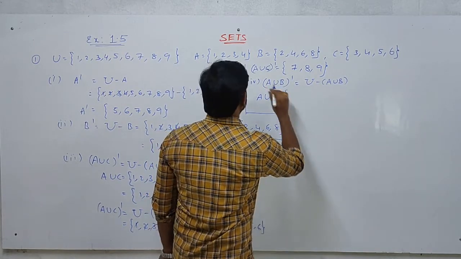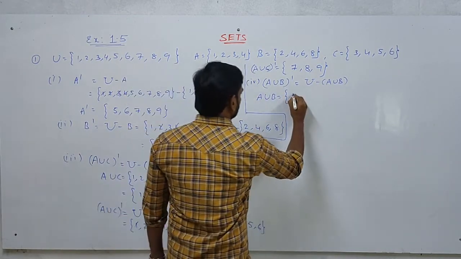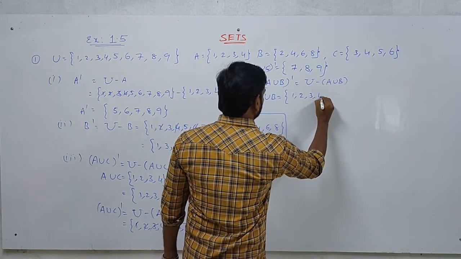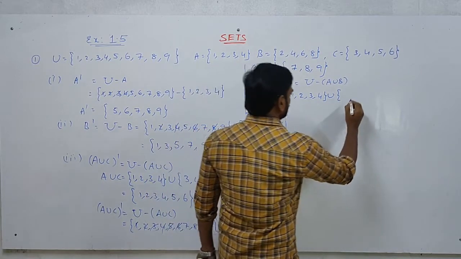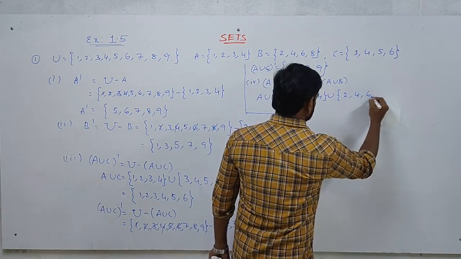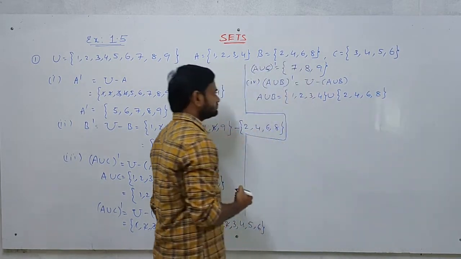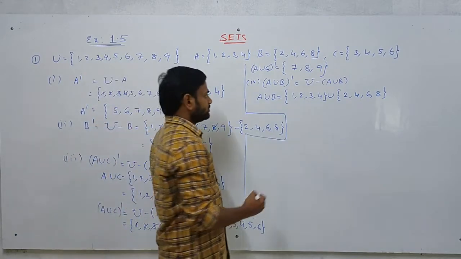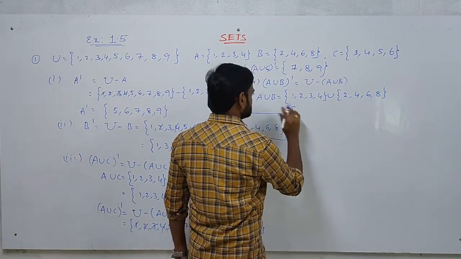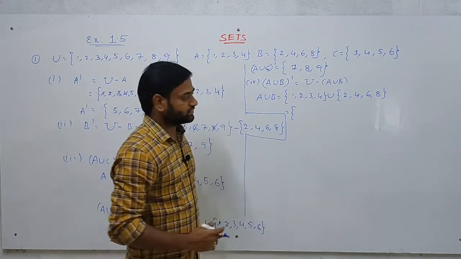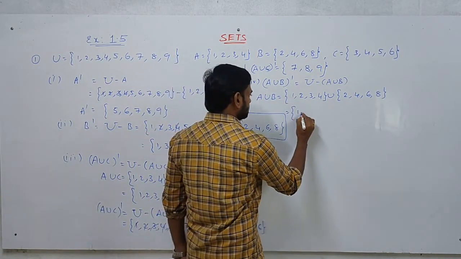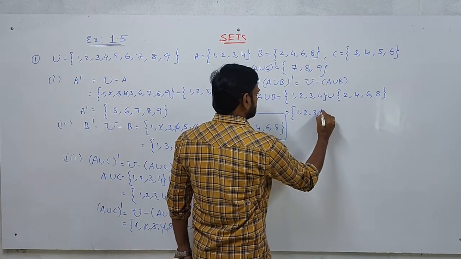So first find A union B. What is A? A is 1, 2, 3, 4. Union, B is 2, 4, 6, 8. That is B. So A union B: mix the elements, all the elements of A as well as B. So 1, 2, 3, 4.